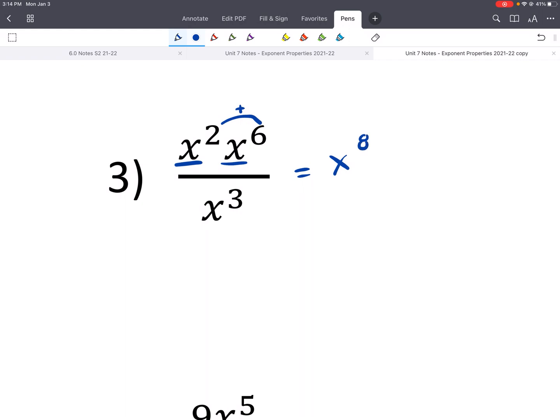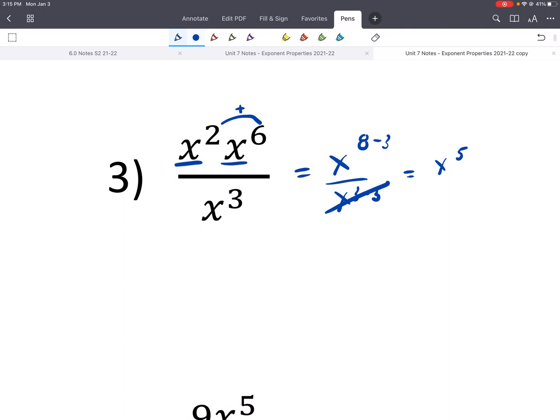Can we add them? And then we'll do what we just did. We'll subtract 3. That would cancel and give you a 1. And we end up getting x to the 5. All right. The thing about exponent rules, if we're simplifying, there's lots of different ways to do that.